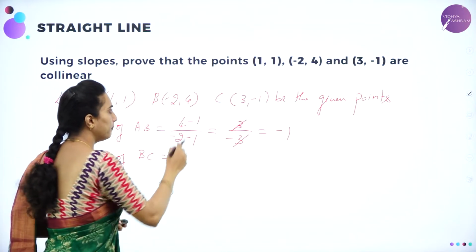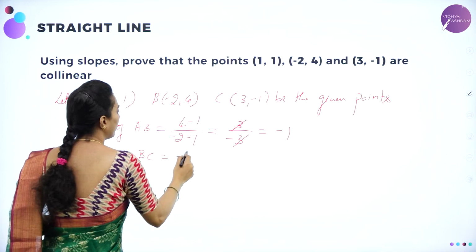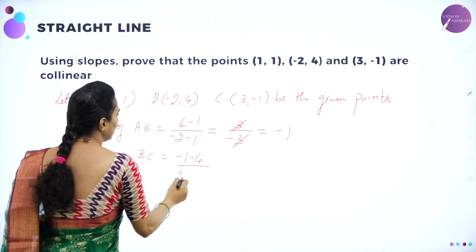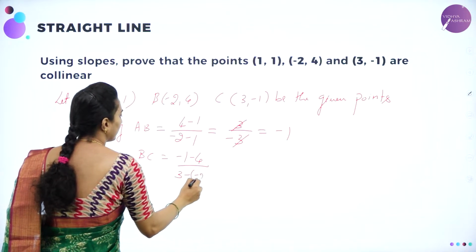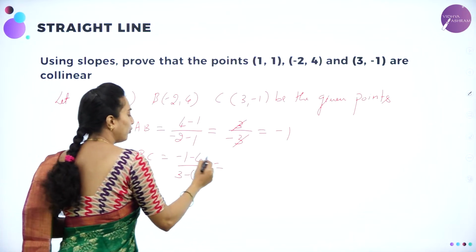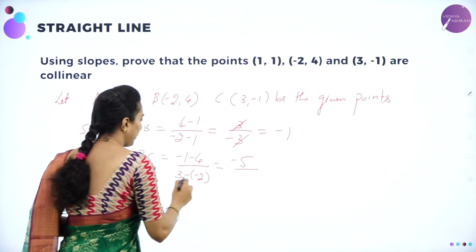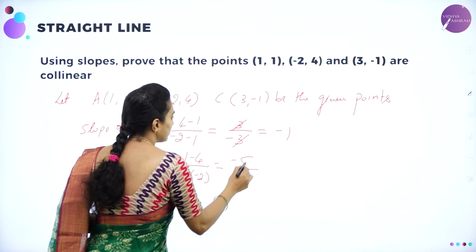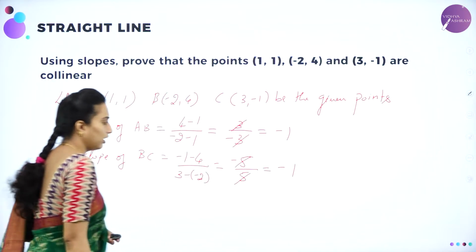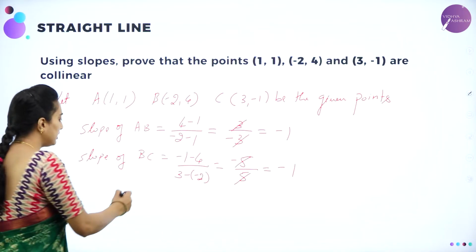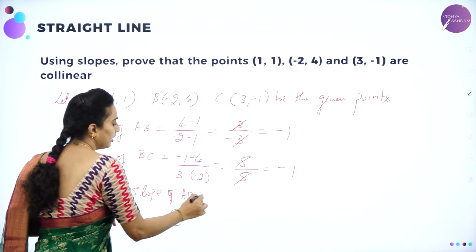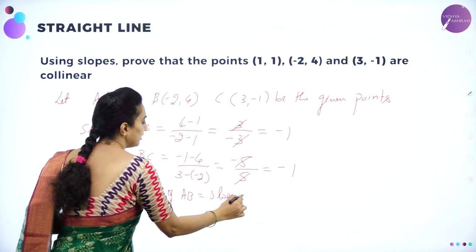Now, let me find the slope of BC. y2 minus y1 divided by x2 minus x1: minus 1 minus 4 is minus 5, divided by 3 minus of minus 2, which is 3 plus 2, is 5. So it cancels to minus 1 again. See, slope of AB is equal to slope of BC.